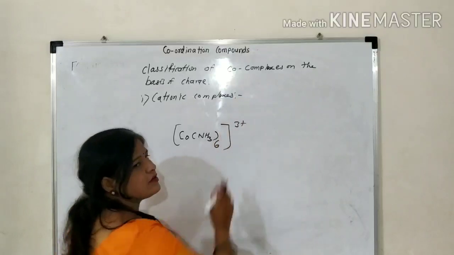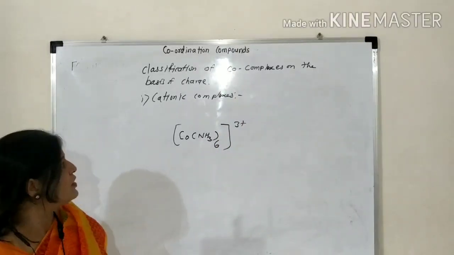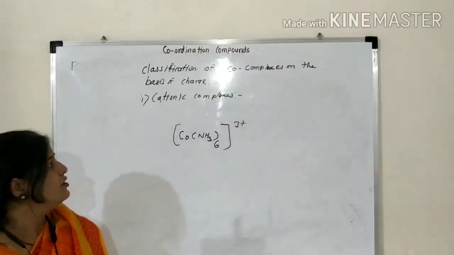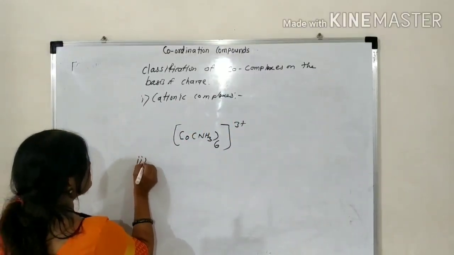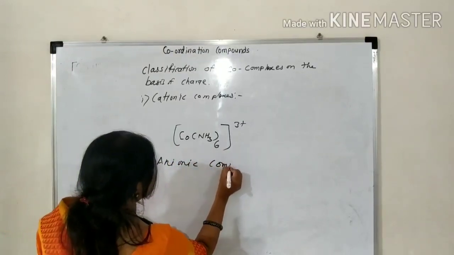If the coordination sphere is positively charged, that is called a cationic complex. And second is anionic coordination complex.